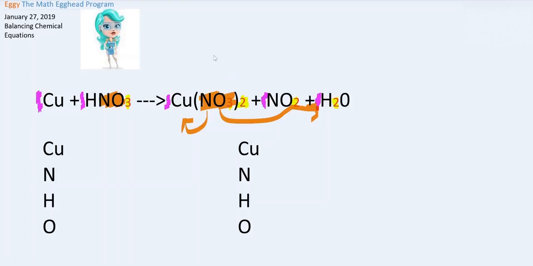So when you see that they're together, usually you keep them together when doing the trial and error process. But as you can see, they are together, but this problem does not allow you to think of them as a separate entity. You must consider each atom separately, like copper, nitrogen, hydrogen, and oxygen.